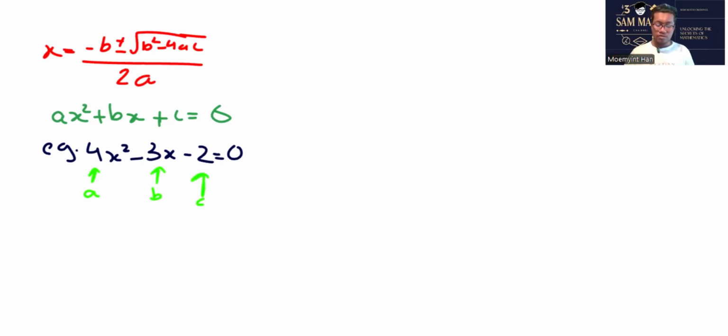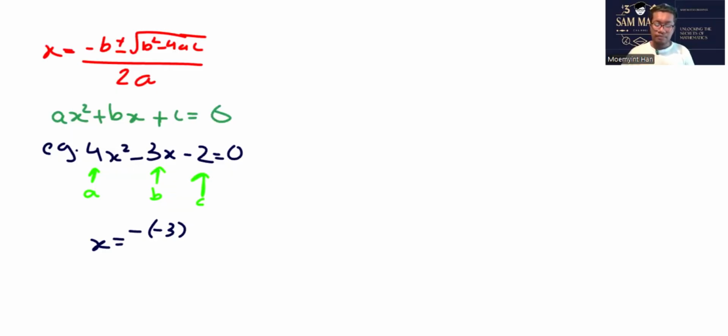What we're going to do is x equals negative b, so minus negative 3. Sorry, I should say negative rather than minus. You really have to be more careful about the signs here.